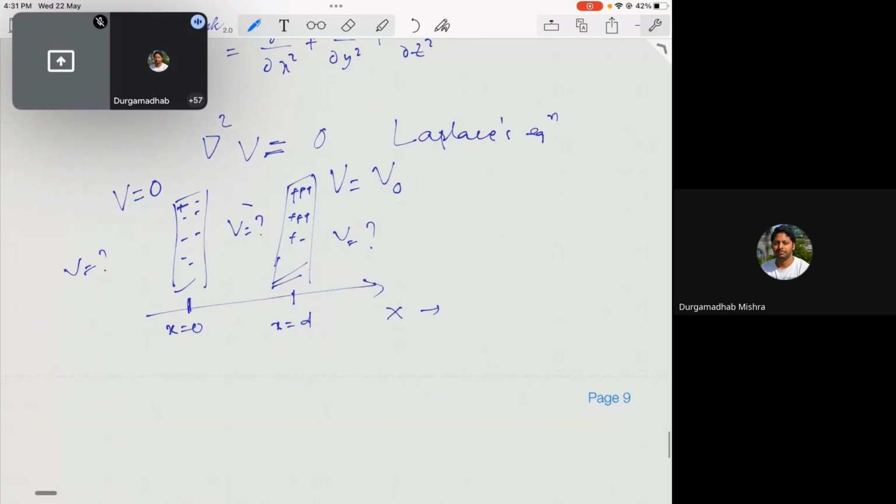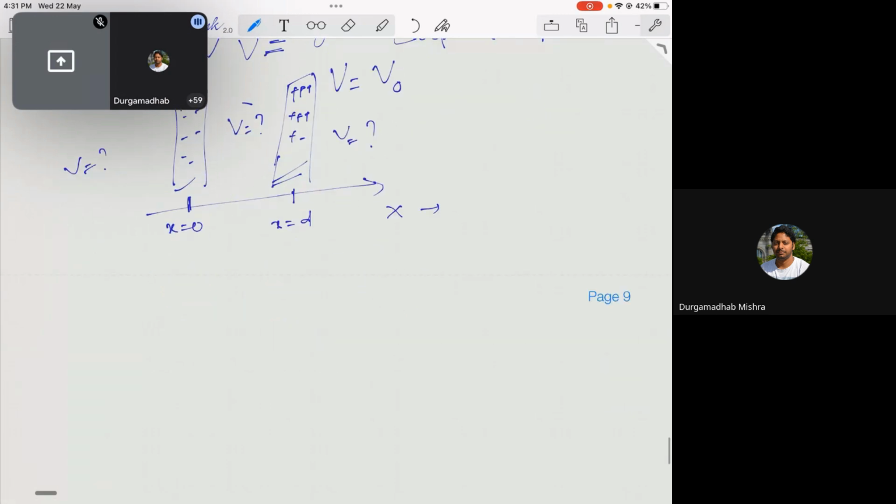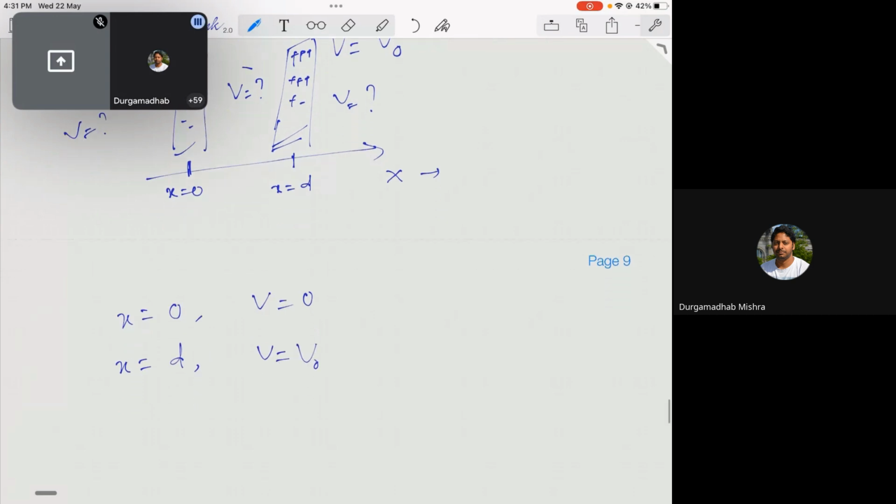And what is the boundary condition here? We already defined that boundary condition: when x is equal to 0, V is 0, and when x is equal to d, V is V naught. And we are trying to solve this differential equation del square V equal to 0.